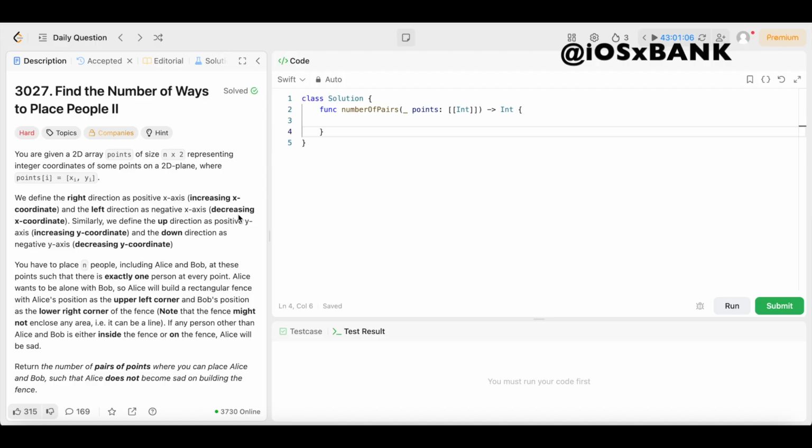So we're going to come right here inside the function. We're going to declare a variable called sortedX equal to points.sorted.